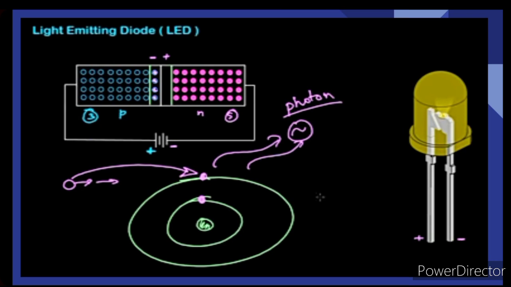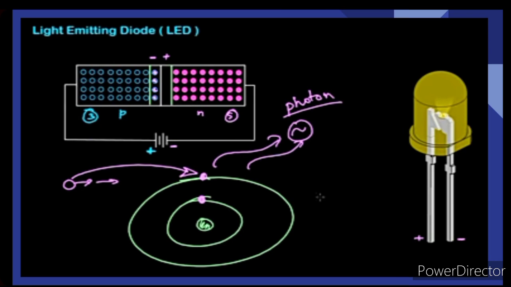When free electrons reach the junction or depletion region, some free electrons recombine with holes in the positive ions. We know that positive ions have fewer electrons than protons. Therefore, they are ready to accept electrons, thus free electrons recombine with holes in the depletion region.